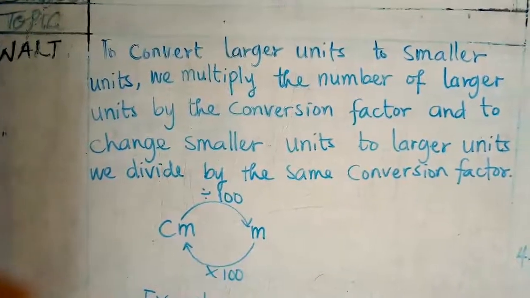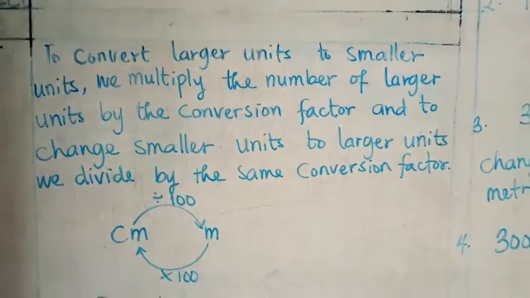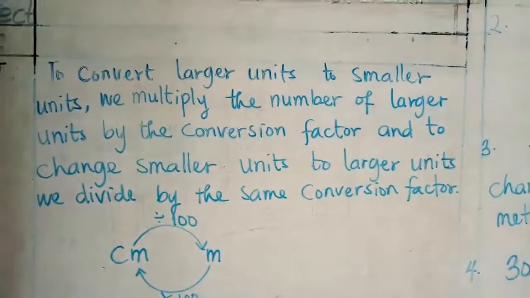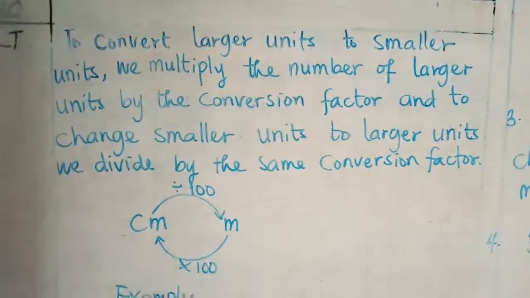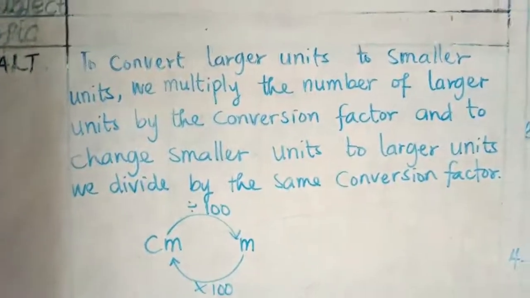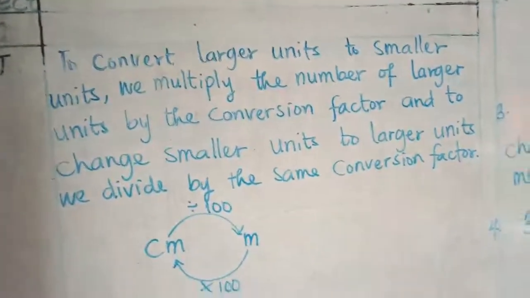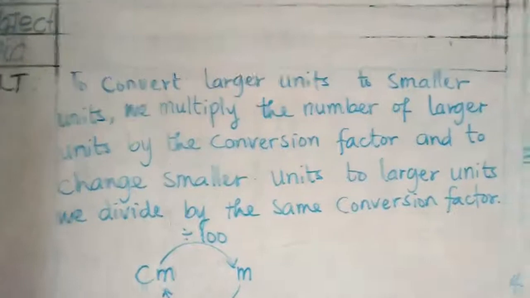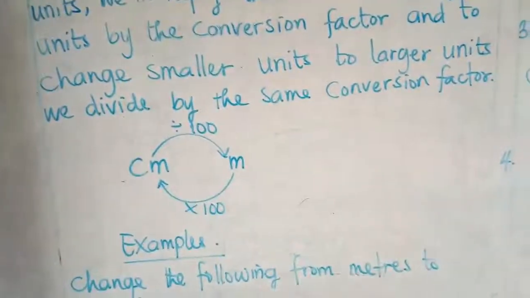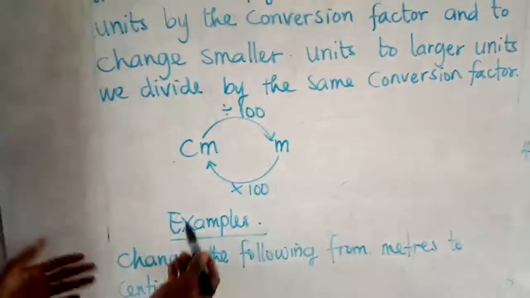To convert larger units to smaller units, we multiply the number of larger units by the conversion factor. And to change smaller units to larger units, we divide by the same conversion factor. Today, like I said before, we are going to be learning how to change from centimeter to meter, and then from meter back to centimeter. Look at the diagram I have here.